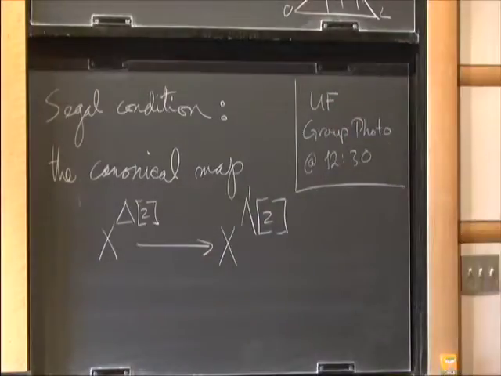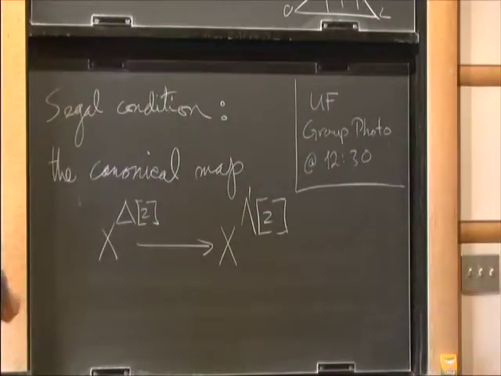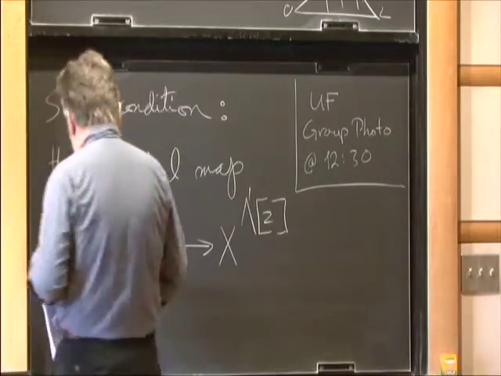So you exponentiate the simplicial object by Delta^2, and you exponentiate it by Lambda^2_1, and you just say that this map is an isomorphism.